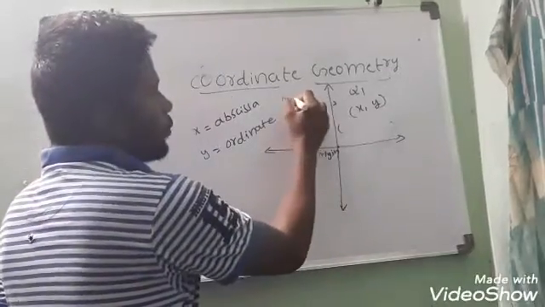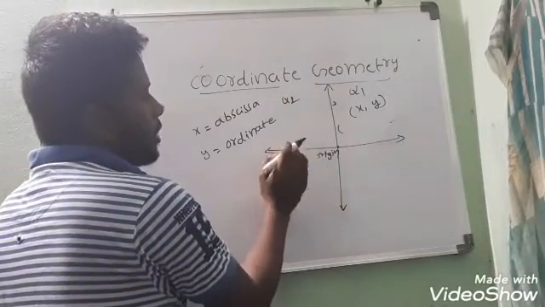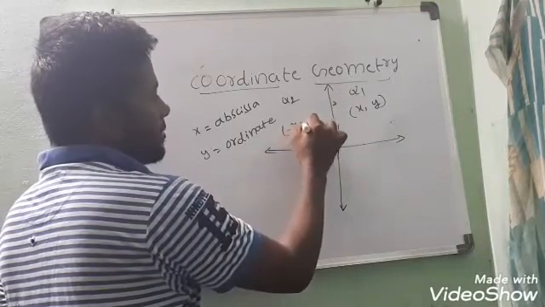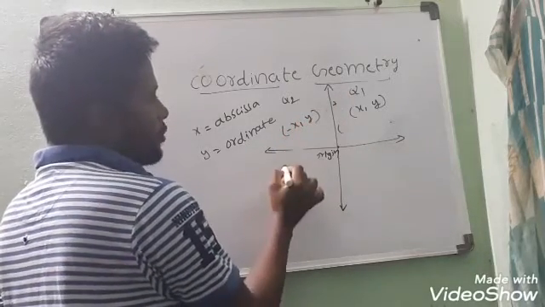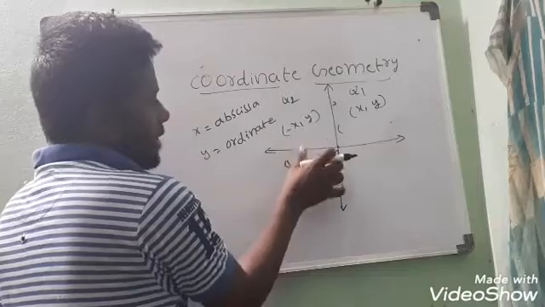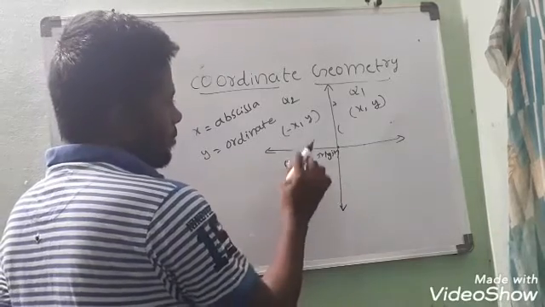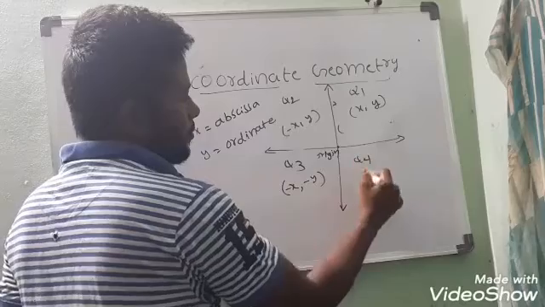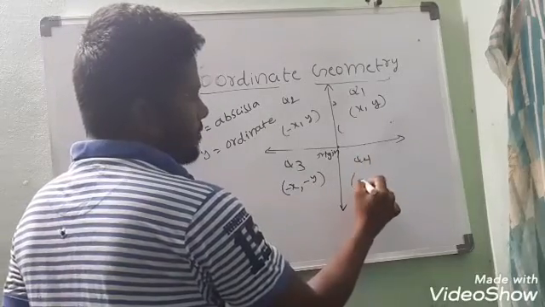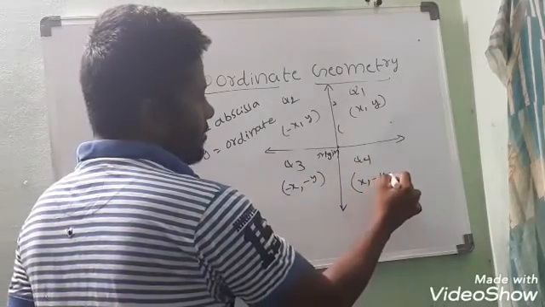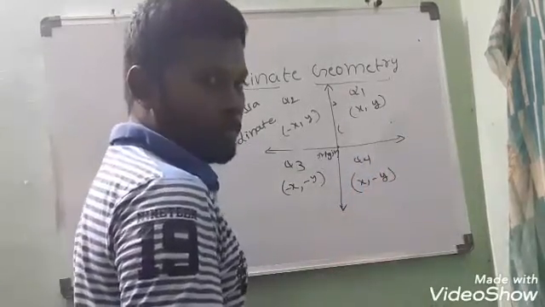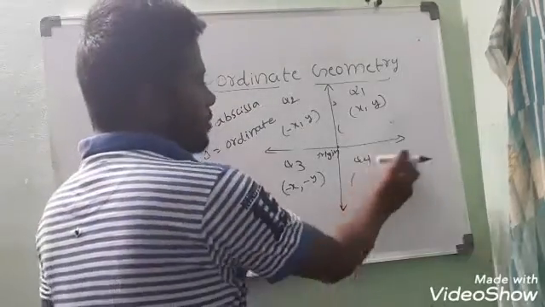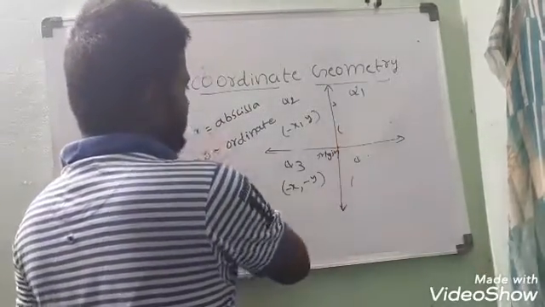Coming to Q2, the x will be negative, y is positive, minus x and y. In Q3 both are negative, minus x and minus y. In Q4, x is positive and y is negative. Okay, now we'll move to distance.